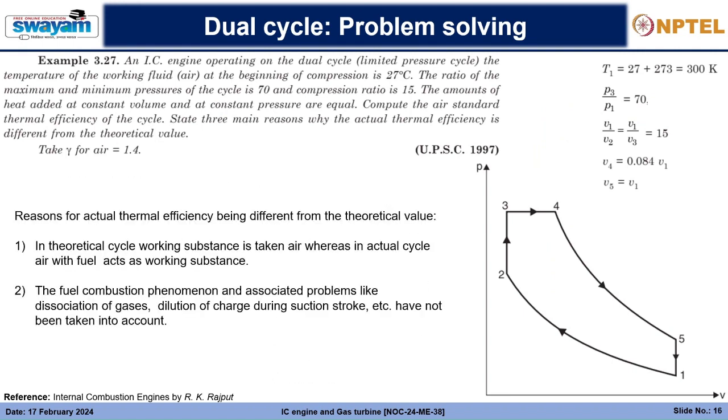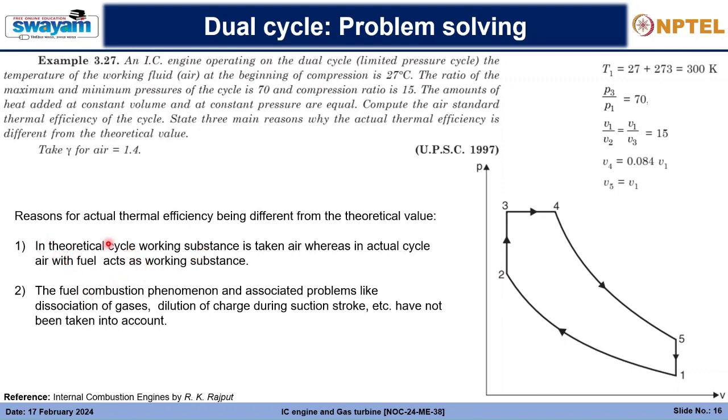So next, we were left with one slide question, which is a conceptual question: state three main reasons why the actual thermal efficiency is different from the theoretical value. There are two significant points.